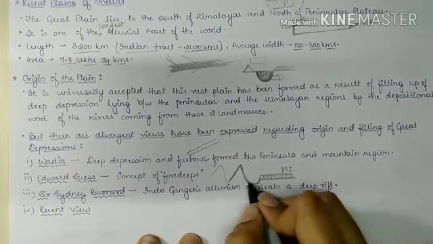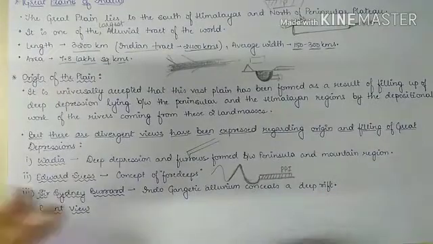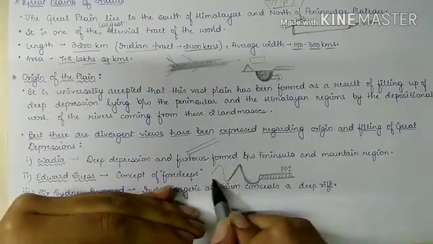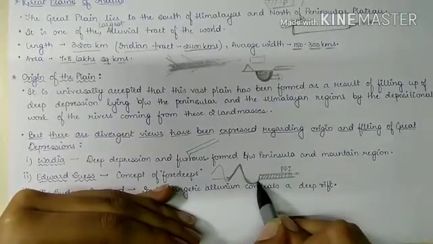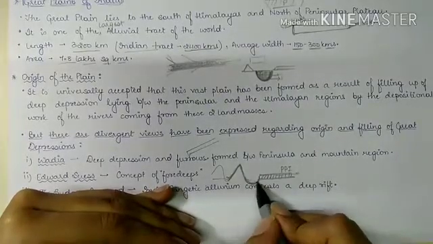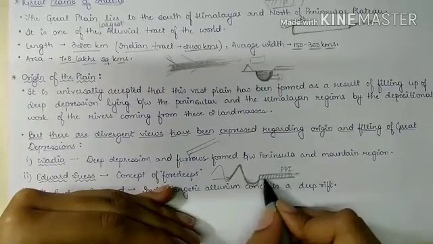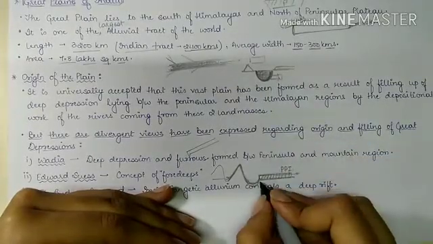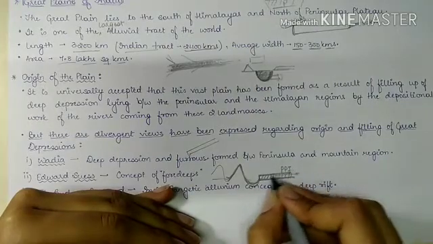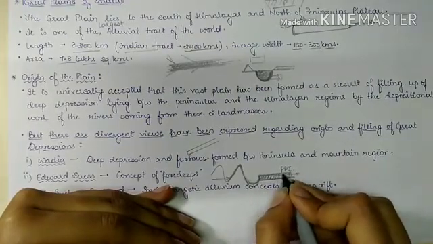During folding the compression started, so the crest was formed and the trough was formed. This trough was deepened because it struck with the hard rock structure of the peninsular plateau.